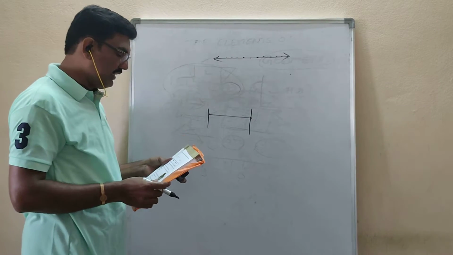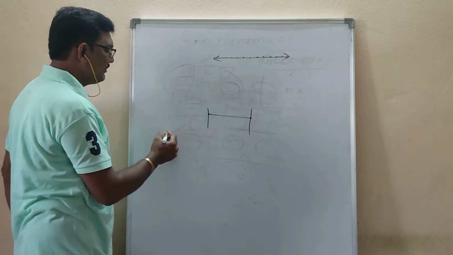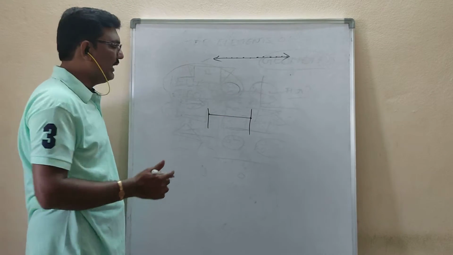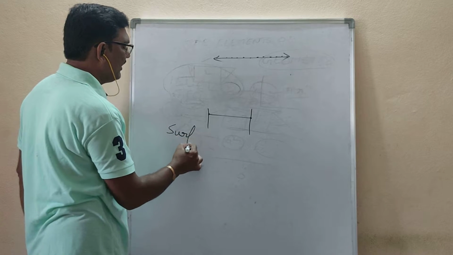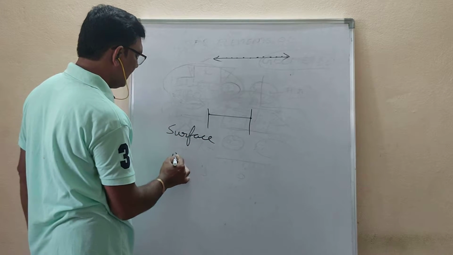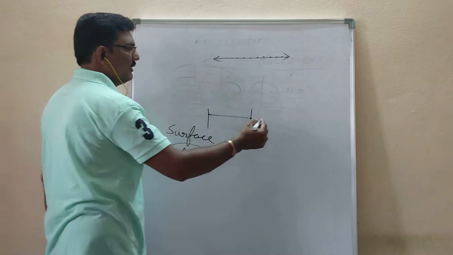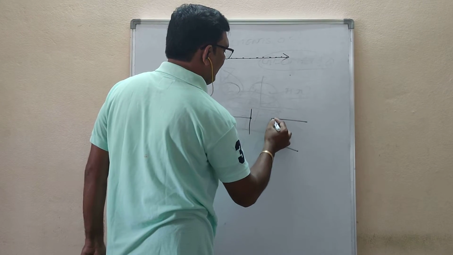Line segment, point, surface. Surface means this blackboard is a surface here. Surface and plane. So plane, see here, I have drawn one parallelogram.